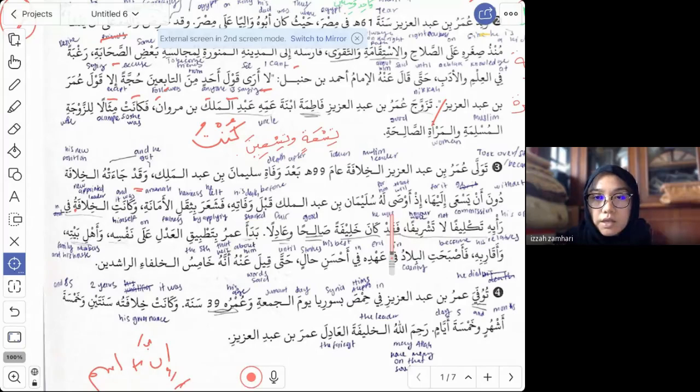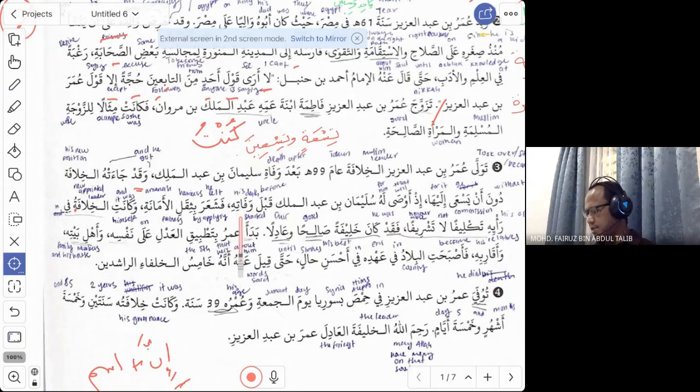Okay, the meaning? The general meaning is Sulaiman bin Abdul Malik recommended him to be the leader in his will before his death. Yes, that is the meaning of the sentence. So he became the Khalifa. This was the reason.